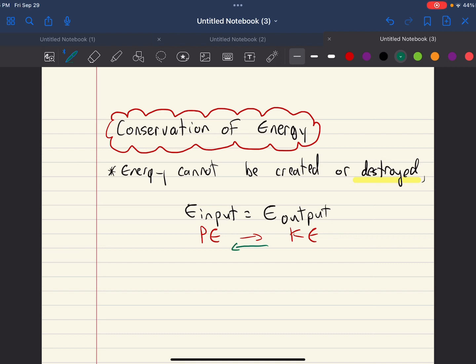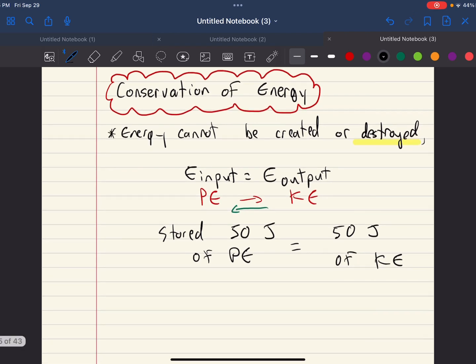But the input has to equal the output. So what that means is if my object has stored, let's say, 50 joules of potential energy, as it starts to move, it is eventually going to dish out 50 joules, no less or no more, of kinetic energy.